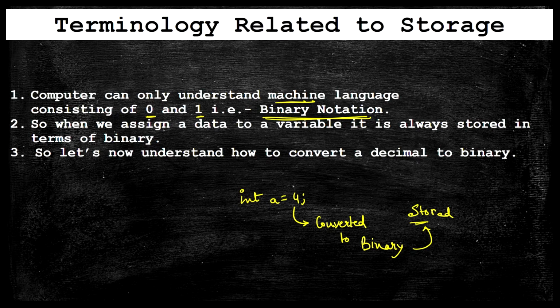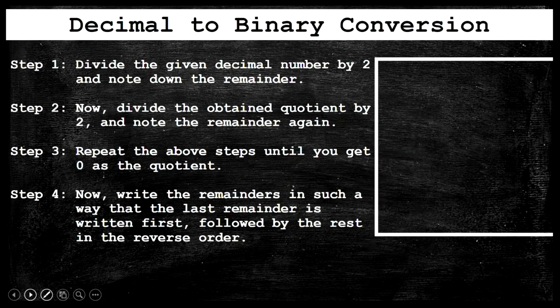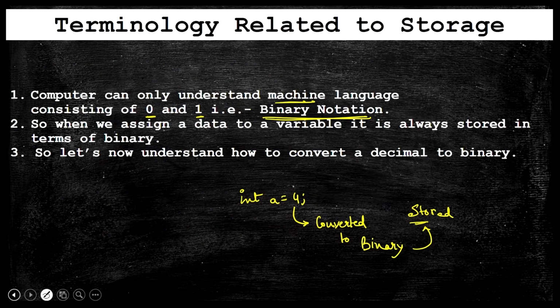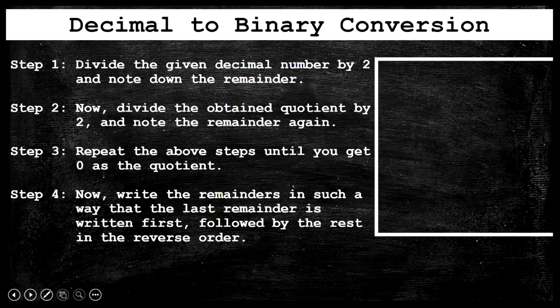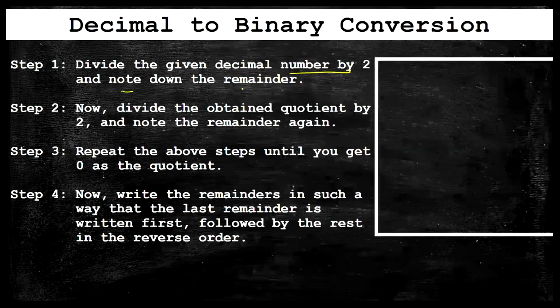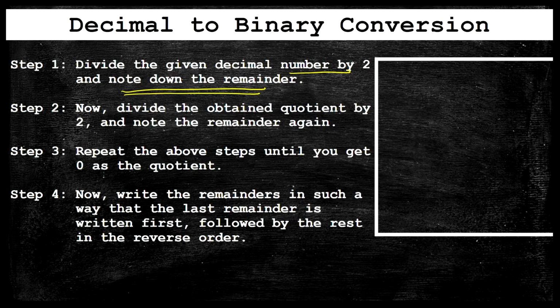We already knew these things, right? So now let's see how to convert any decimal number to binary, because this 4 is converted to binary. To convert any decimal number to binary, we divide the number by 2 and note down the remainder. Then we divide the quotient obtained by 2 again and note down the remainder again.